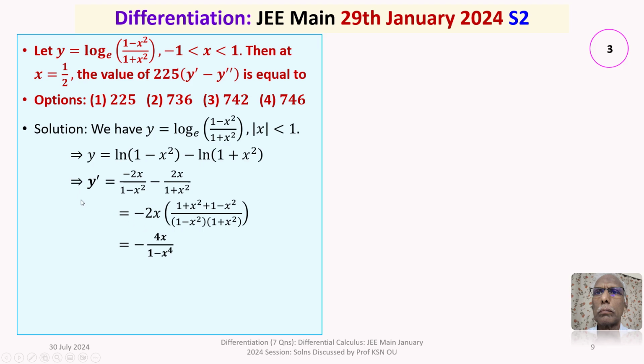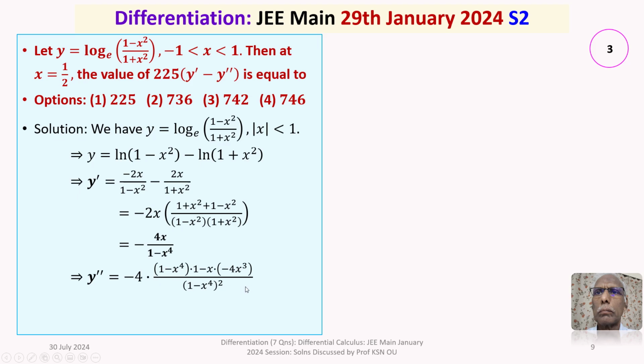Now, this is simple. Minus 4 into x by 1 minus x to the power of 4. Differentiate once again. You will get f double prime, the second derivative, equal to minus 4 into, use the u by v formula. The denominator is 1 minus x to the power of 4.